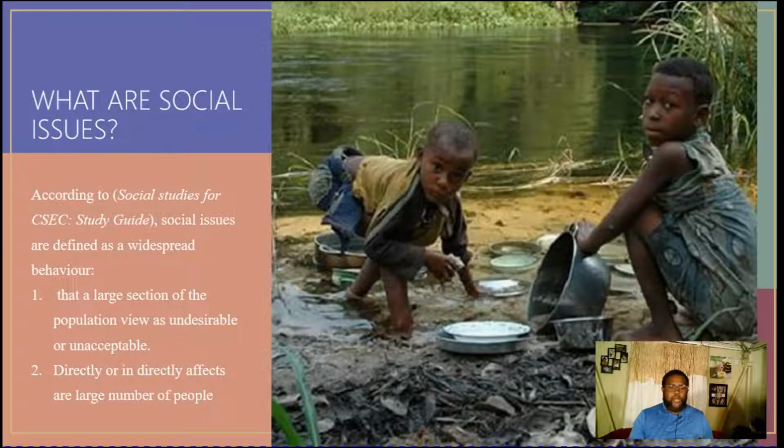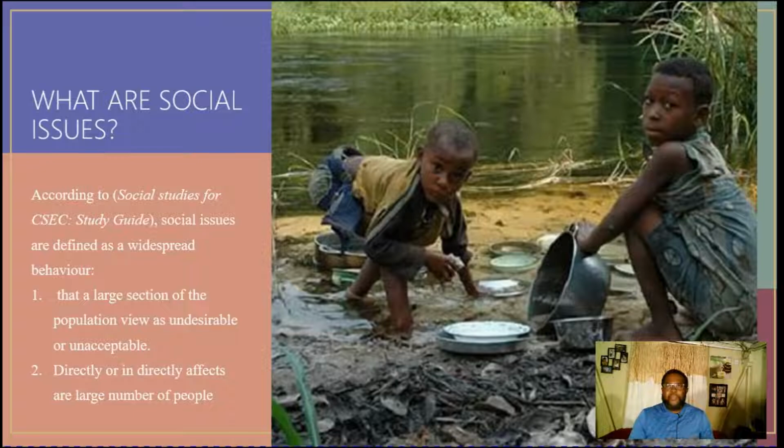So when we talk about behaviors that a large section of the population view as undesirable, social issues, when it comes to a population, is what the majority of people in a particular society view as wrong. As we study social groups, we're going to talk about norms, customs, and things like that, the customary or expected behavior of a particular society.